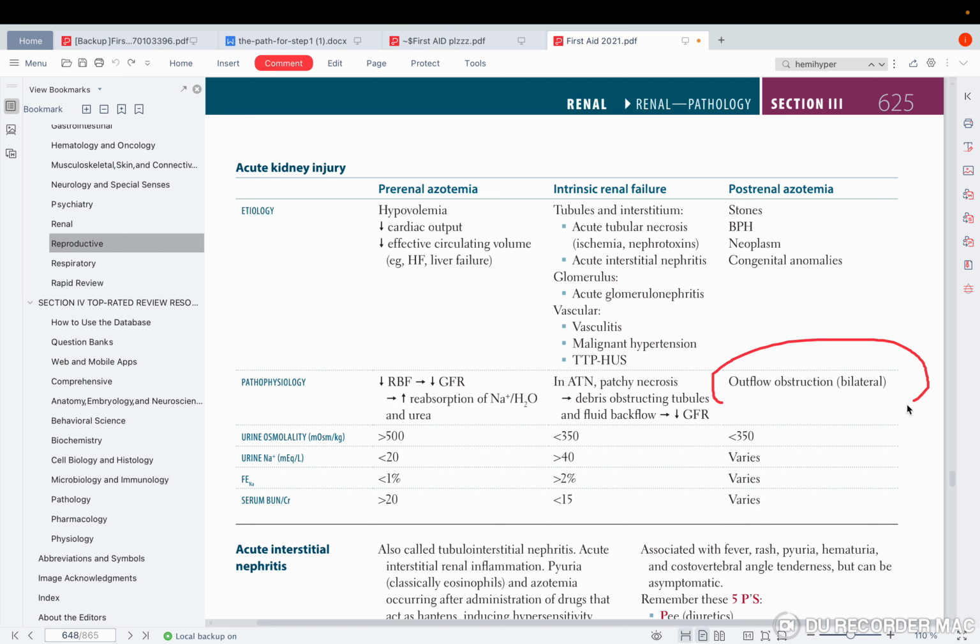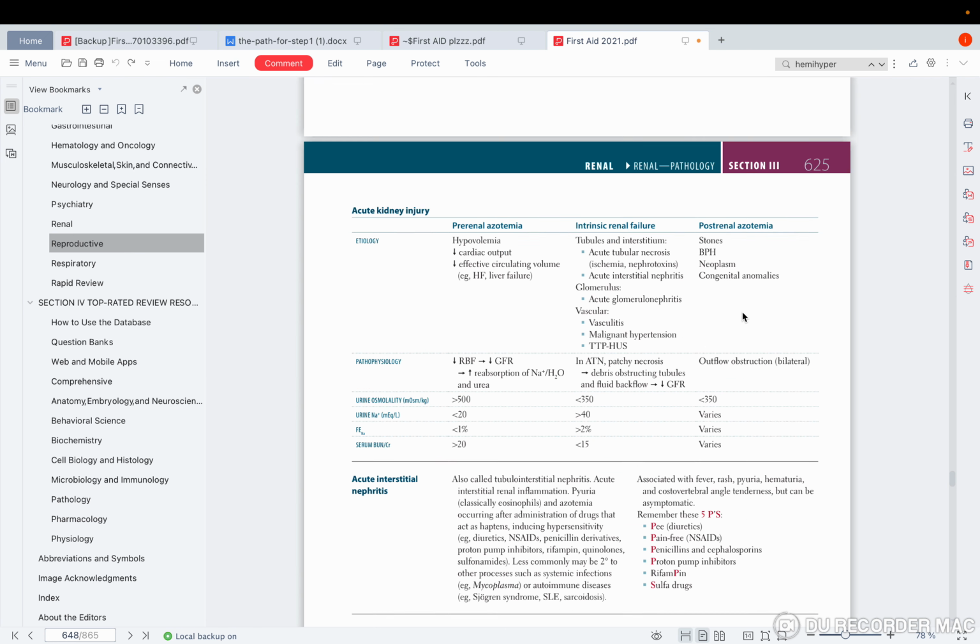Basically, they lead to outflow obstruction, but it must be bilateral. It cannot be one kidney compensating for the other. So in that pathology, your urine osmolality is fine, it will not be increased. And the other ones vary according to the cause, so we cannot speak about them, except when we speak about each pathology on its own.